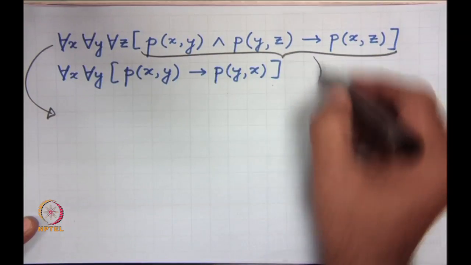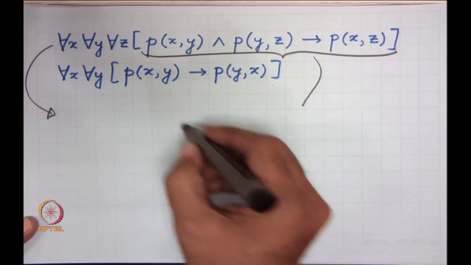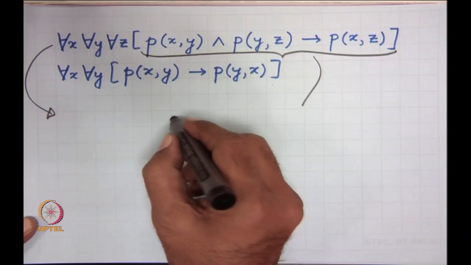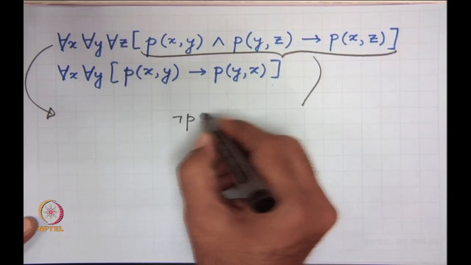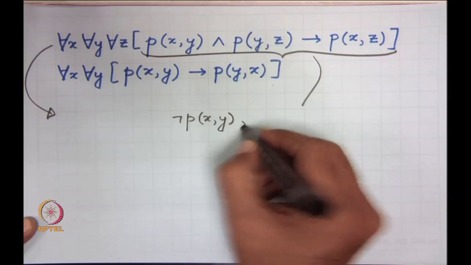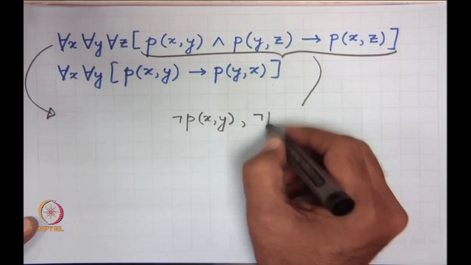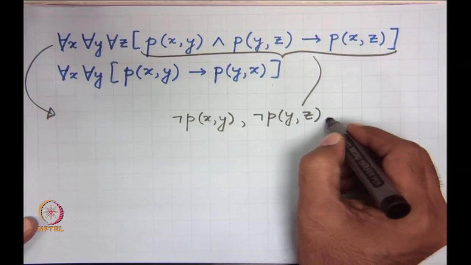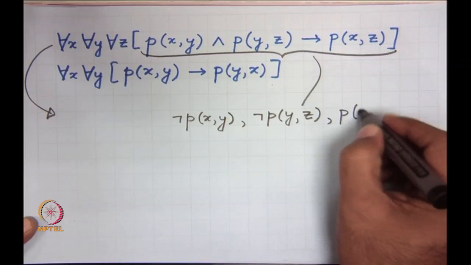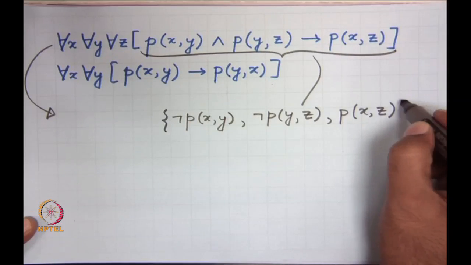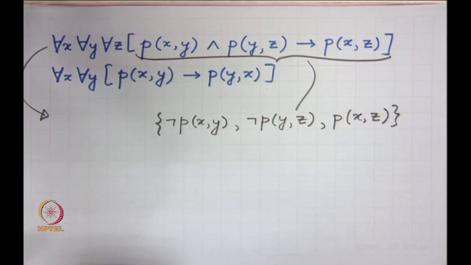So, this body essentially is not p x y, comma, not p y z, comma, p x z. So, essentially as a clause this is what it is.